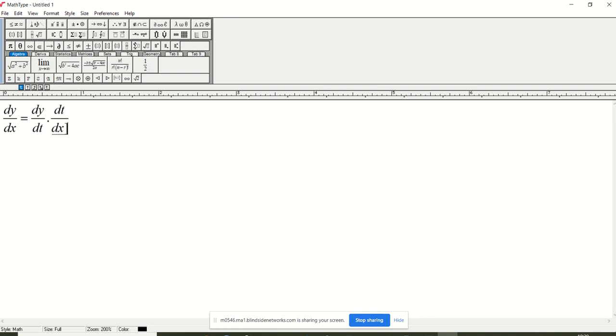Or we can say this is the same thing as what was written there. This is dy over dx, it was written here, equals to this line, and here we have this here.